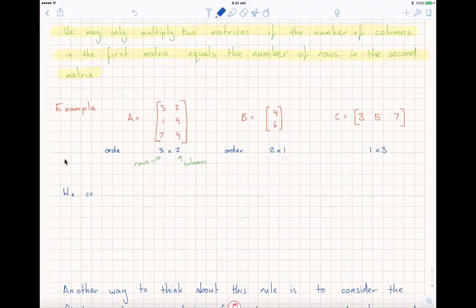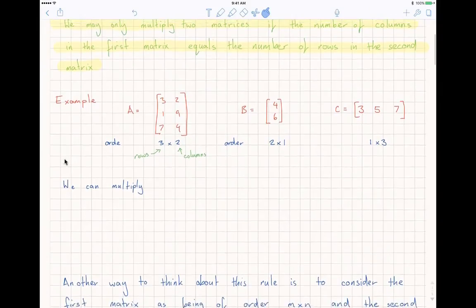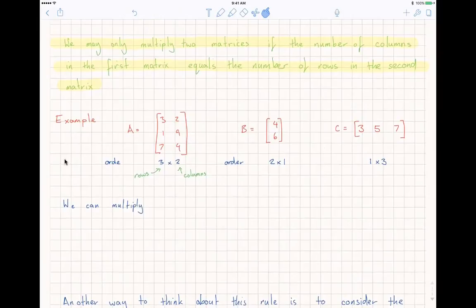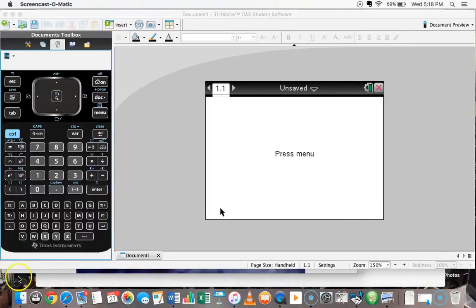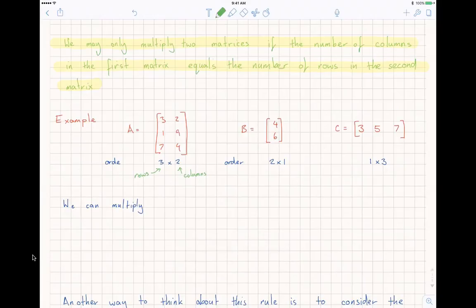So we can multiply A times B because A has 2 columns and B has 2 rows.